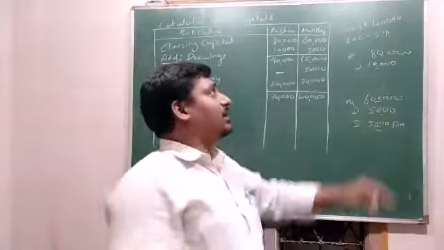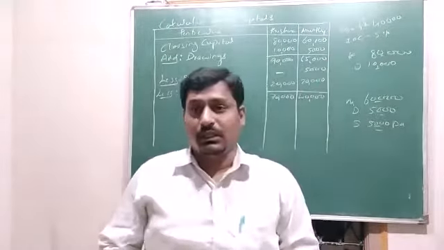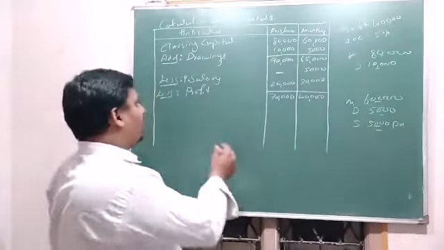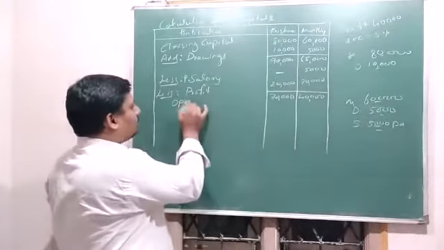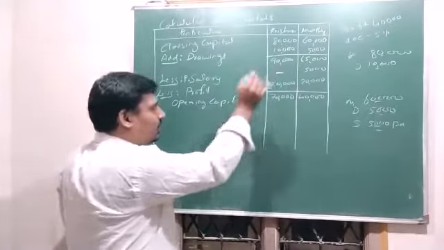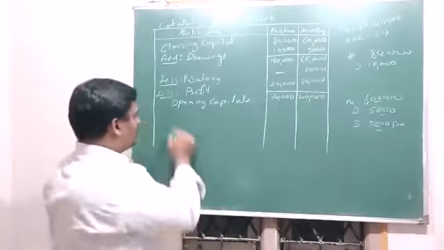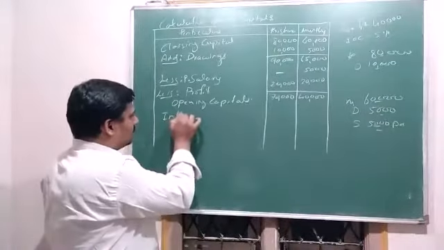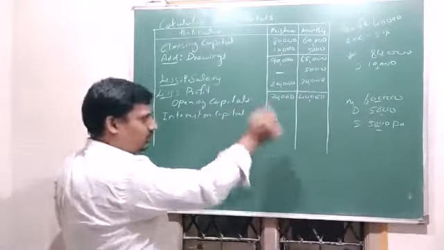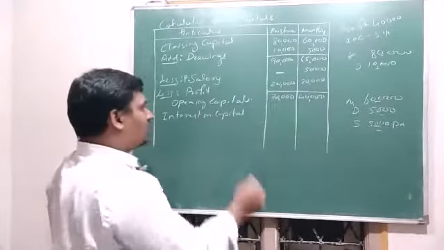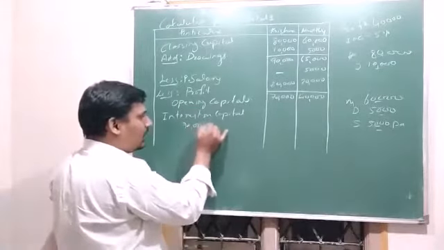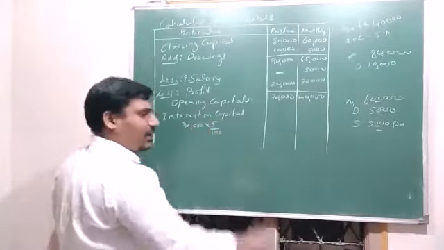Now interest on capital: they have allowed 5% interest on capital, and we have to find it on these opening capitals. First Krishna's: his opening capital is 70,000 into 5 divided by 100.